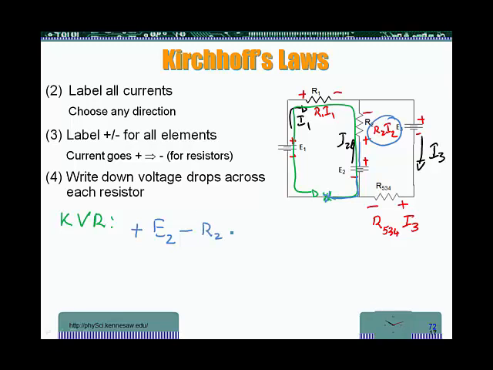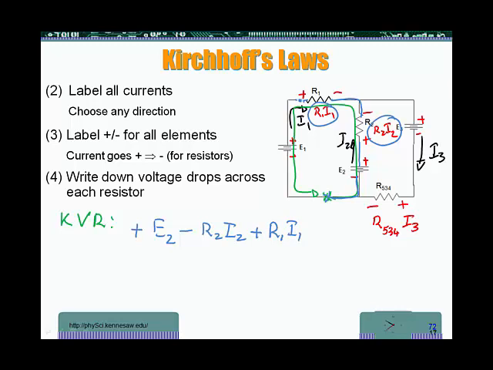So it's minus R2I2. Then after that resistor, going around the loop, I meet the second resistor. But in this case, I'm at the minus one. So I'm going from a minus to a plus. And the voltage change across the resistor is R1I1. So it's going to be plus R1I1.